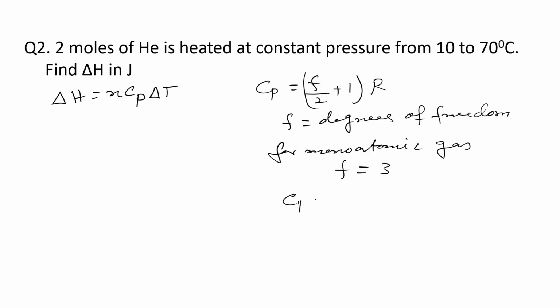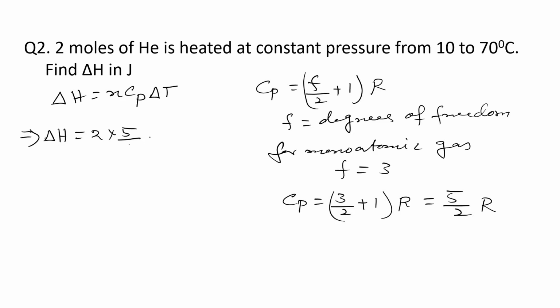Therefore, Cp will be equal to 3 by 2 plus 1 into R. That means it is 5 by 2 R. Now we put this value here. So our delta H will be equal to 2 into 5 by 2 R into delta T.